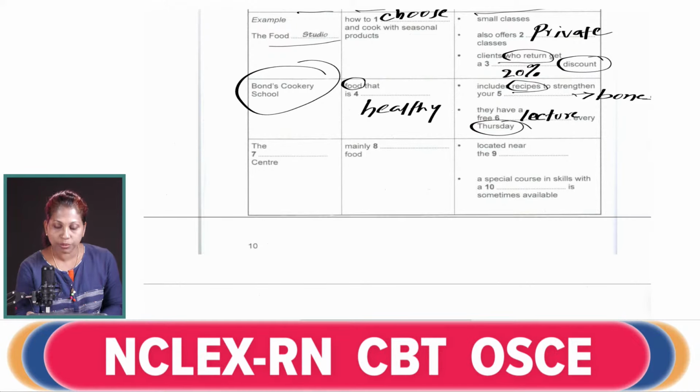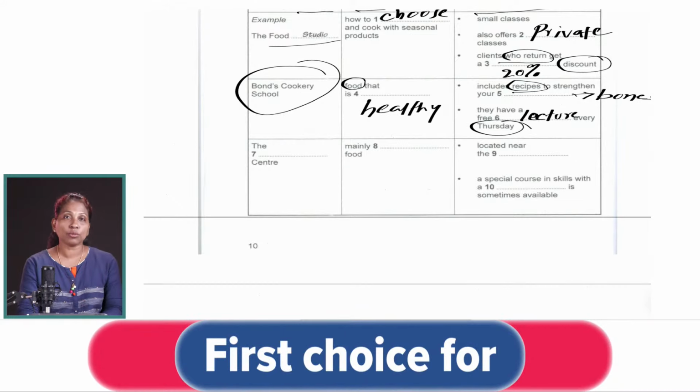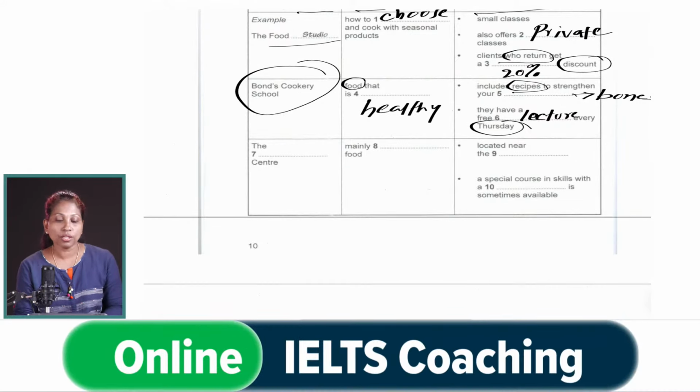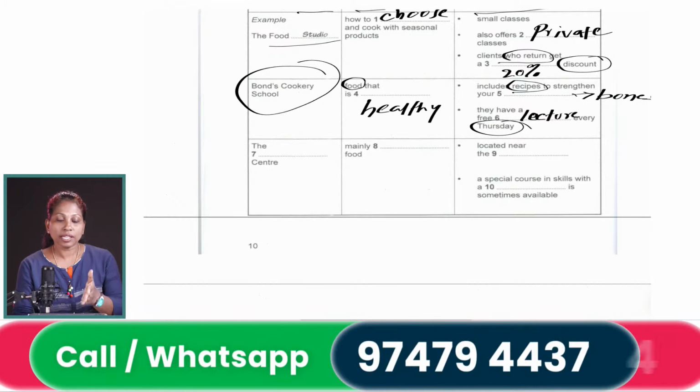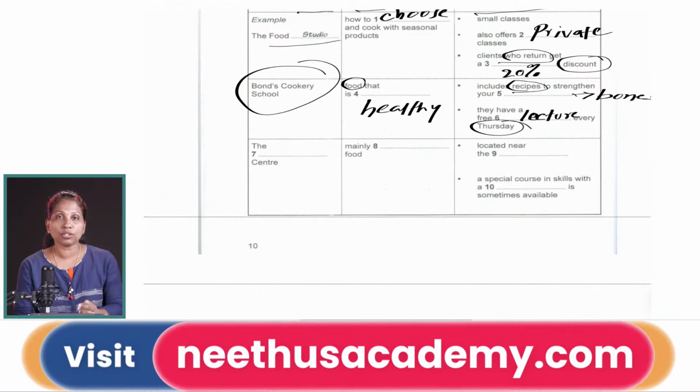These people can attend this lecture and then decide if they want to join the sessions or not. So that will complete your second column. Again, it says healthy food. They teach you to cook healthy food which strengthens your bones, and they have a free lecture on every Thursday to decide whether you want to join the class or not. So that completes Pond's Cookery School.